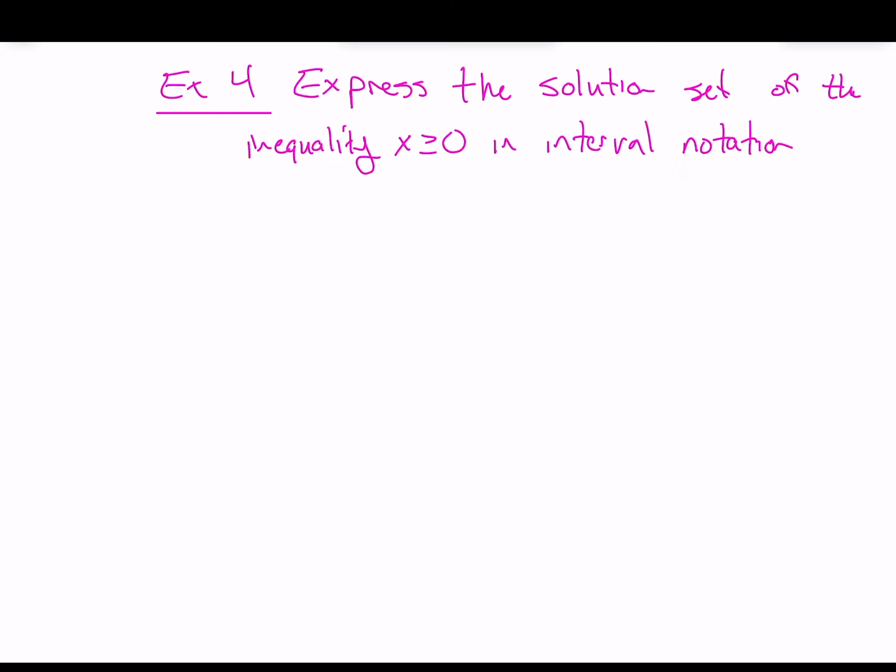Now, again, what this means is that our left-hand endpoint includes 0, so we use a bracket and 0, and it extends indefinitely to the right, so we go to infinity. And that is the solution set in interval notation.